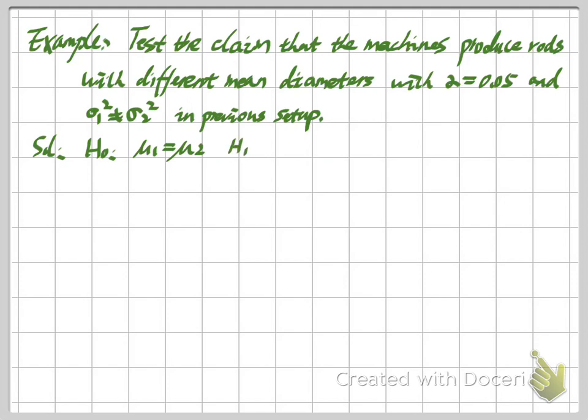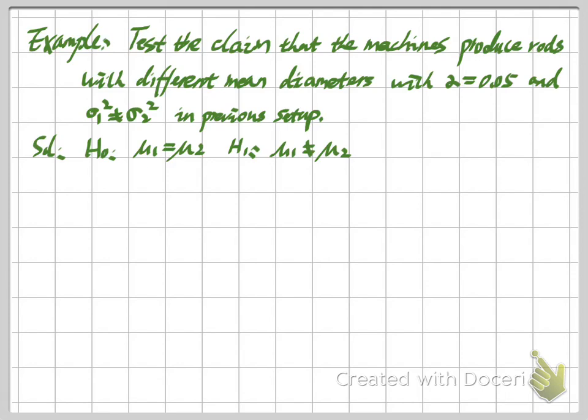The question asks about the difference of the mean diameters, so H1 should be a two-side test, that is, mu1 not equal mu2. So this is what we have for this hypothesis test.